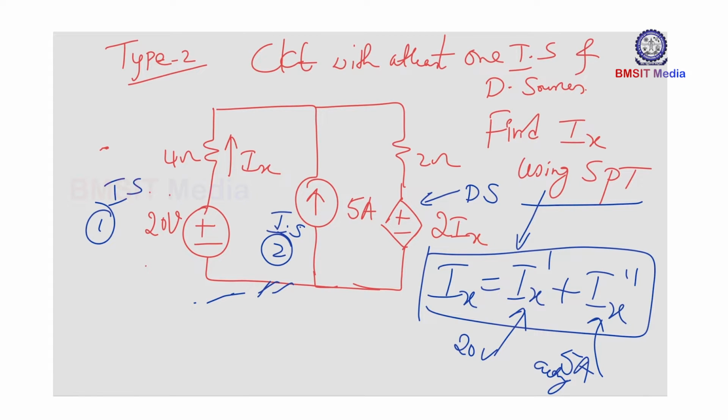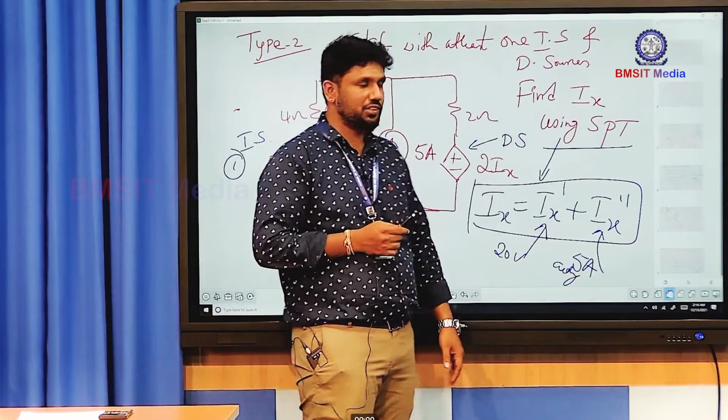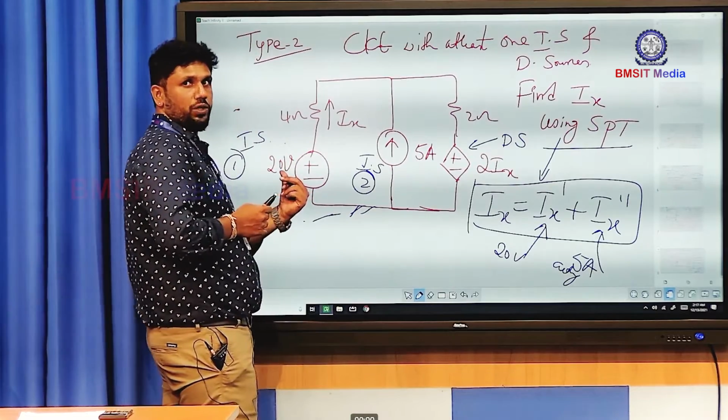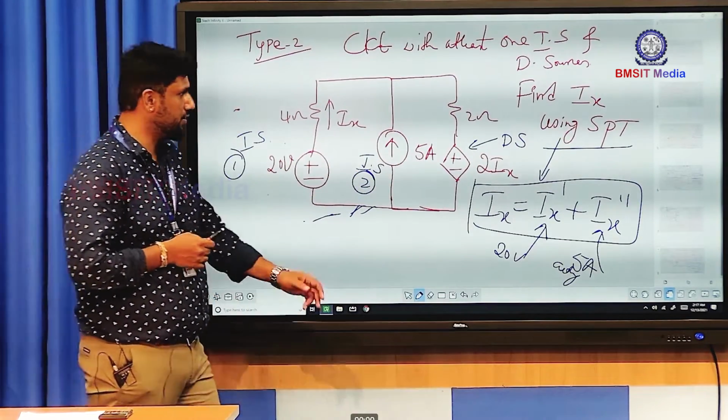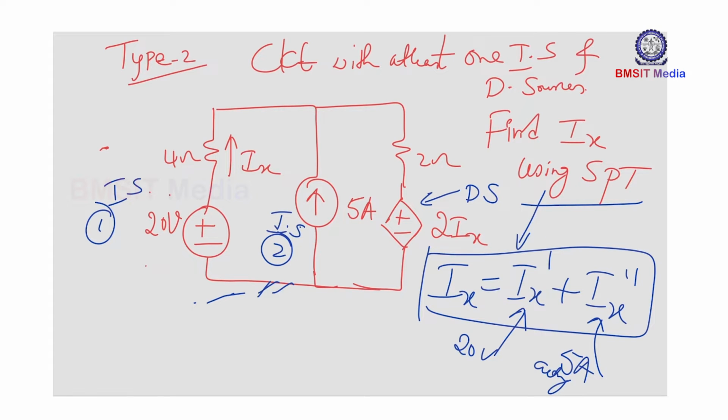So now find out the value of Ix dash and Ix double dash with the 20 volt source acting at a time and the 5 ampere current source acting at a time. So now consider step 1. Don't worry about the dependent source here.